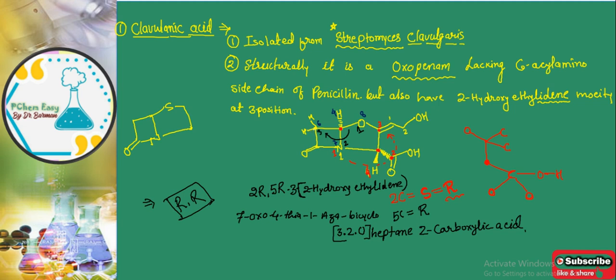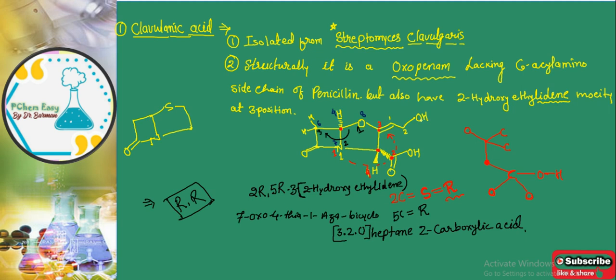Here this structure will not have the 6-amino derivative. So it is different in that context, but it also has a 2-hydroxyethylidene moiety at the third position.